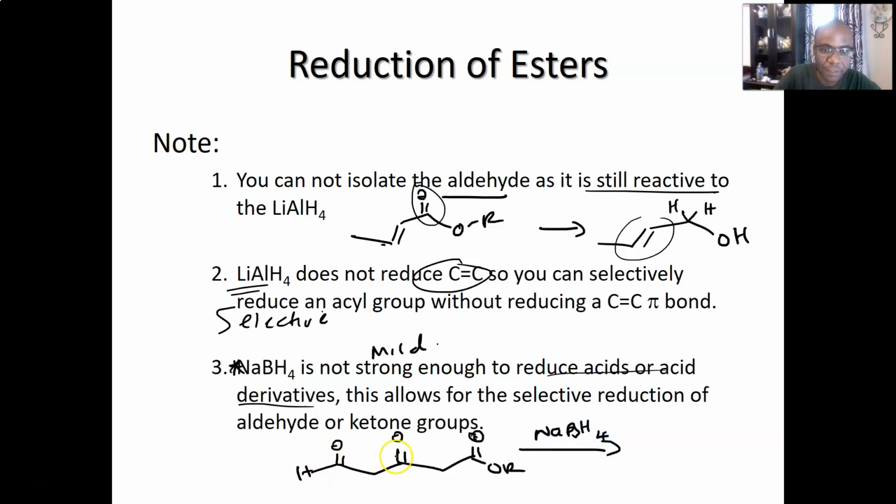Only the ketone and the aldehyde will be reduced. So the aldehyde will be reduced to primary alcohol on that part. The ketone will be reduced to a secondary alcohol, but the ester will stay. So that's an application of sodium borohydride. It allows for the selective reduction of aldehyde and ketones in the presence of esters.